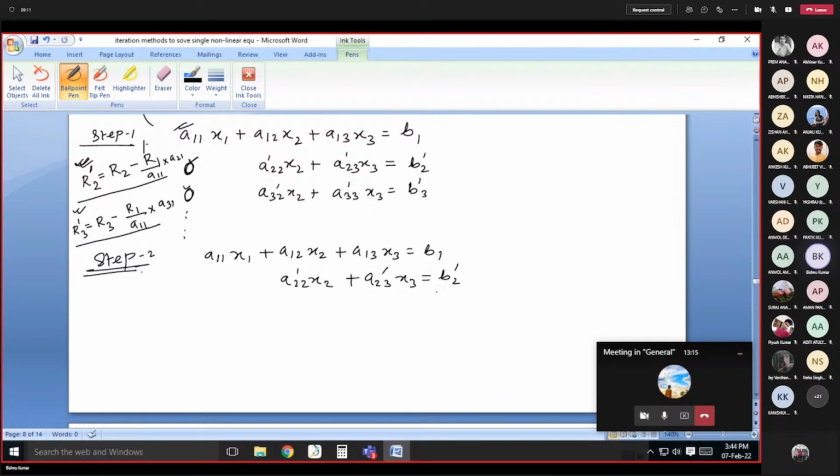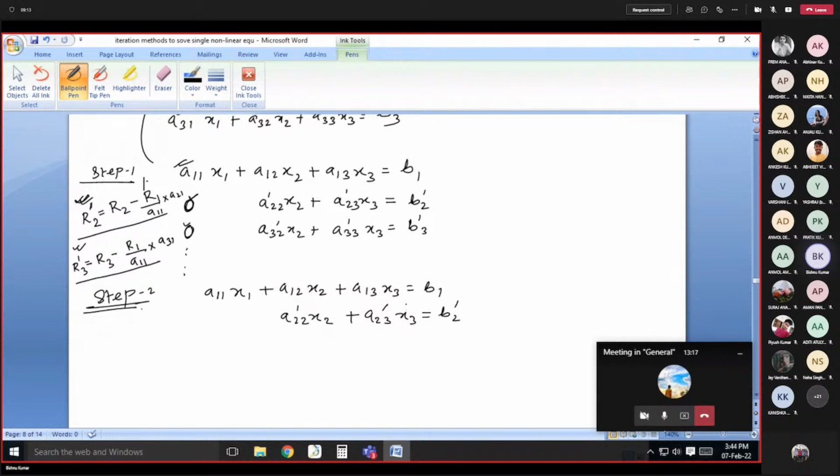And now I will operate on R3 along with R2 such that this position becomes 0. To create the new R3, I operate on the old R3 along with R2.